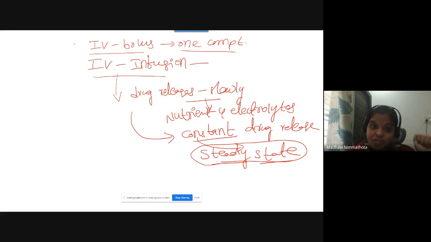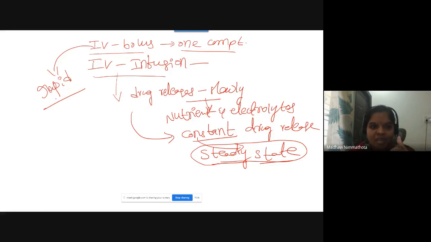In case of IV bolus, the drug release is very rapid. Here we don't have the absorption phenomenon, because most of the drugs undergo rapid distribution, and at one time the whole drug is released into our circulatory system.